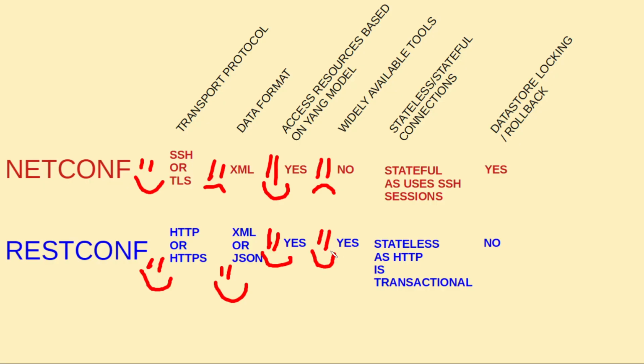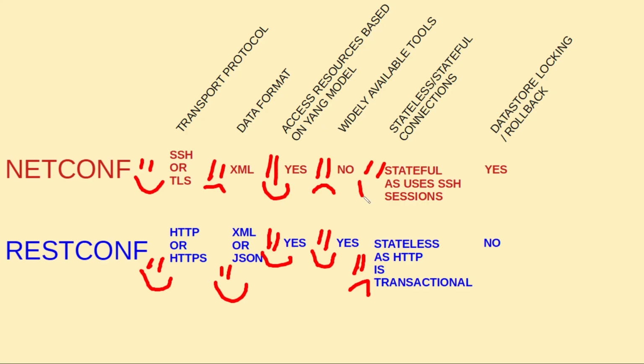Now finally, there is an important detail here. Given Restconf is based on HTTP, the nature of HTTP is transactional. This means that we are going to connect to the HTTP server and tear down that connection as soon as possible. We cannot stay there for a long time as we can with Secure Shell sessions. So Restconf has a stateless nature, whereas NETCONF has a stateful nature.